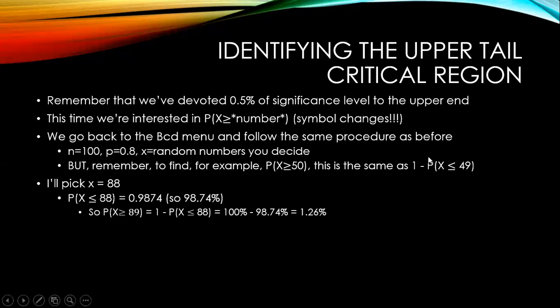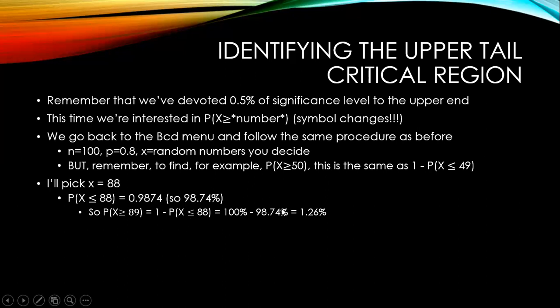But we want to find the upper tail critical region, so big numbers in the upper tail of our binomial distribution. To find the probability that we get more than or equal to 89 successes, we've got to do 1 take away the probability of getting less than or equal to 88 successes.